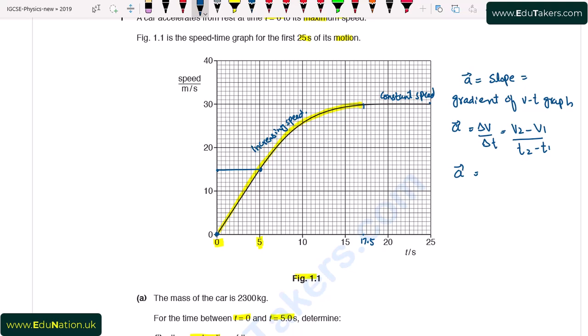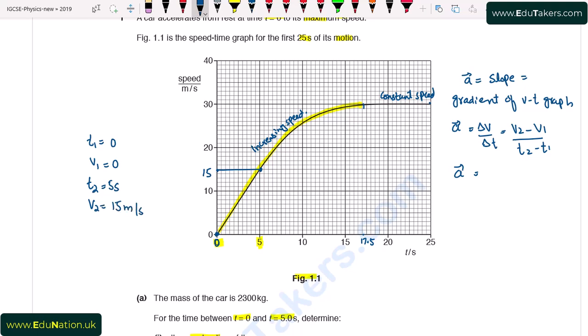So t1 is 0 seconds, and v1 is also equal to 0 because initially the speed is 0 when time t is equal to 0. Secondly, when time t2 becomes 5 seconds, its corresponding speed is 15 meters per second, so v2 is equal to 15 meters per second.